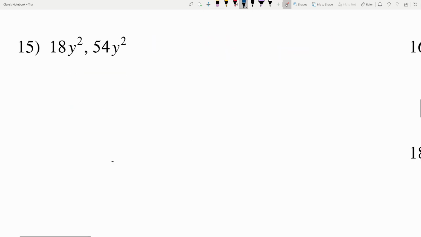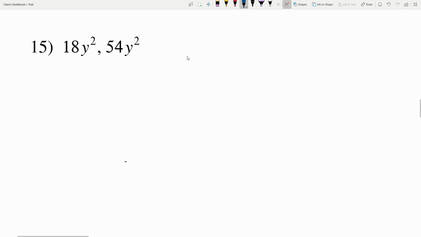In number 15, we have 18y squared and 54y squared. Right away, my variables are the same, y squared and y squared, so I know my solution will have a y squared in it. Now, let's figure out the greatest common factor among 18 and 54.